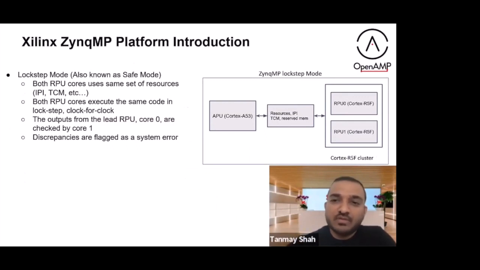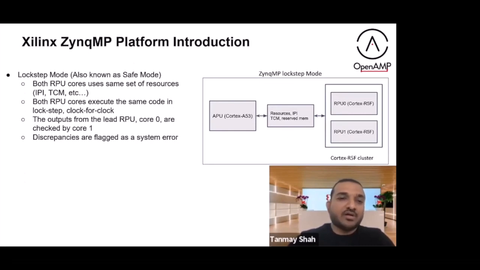So in lockstep mode, both cores use the same set of resources such as interprocessor interrupt, TCM, that is tightly coupled memory, and so on. So they both execute the same instruction, and the same firmware ELF is loaded for both the RPU cores.